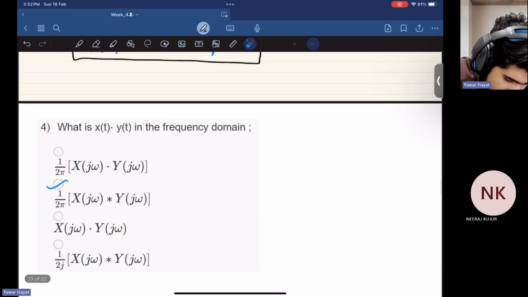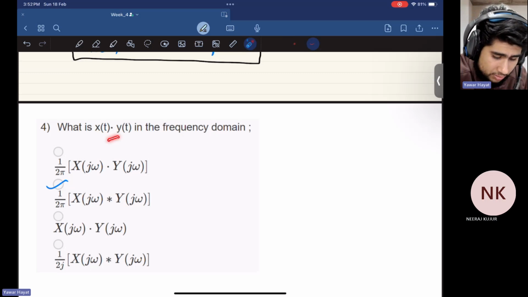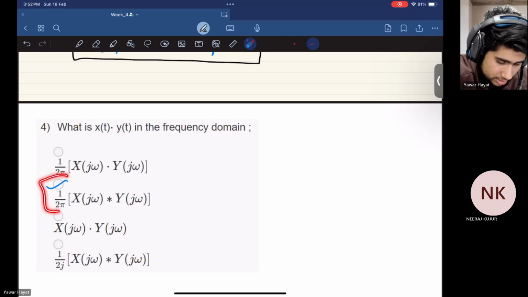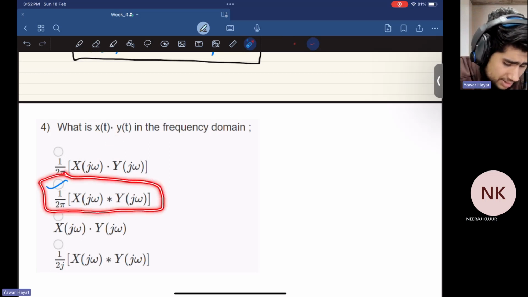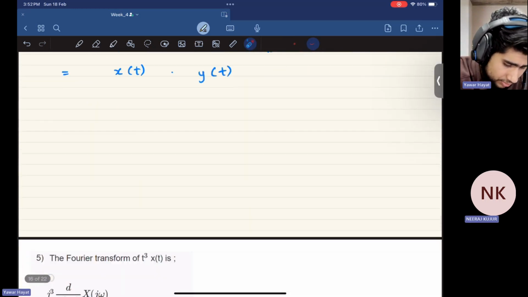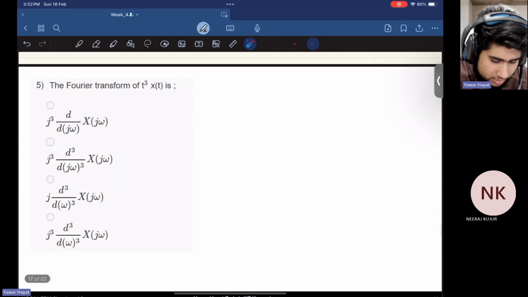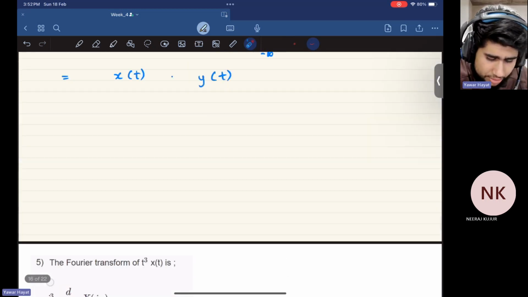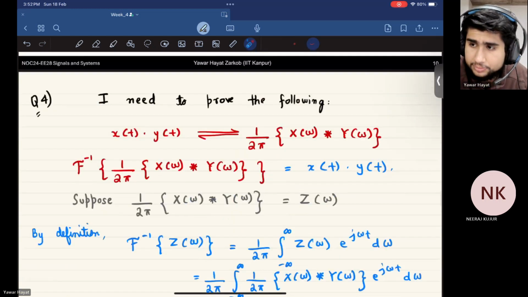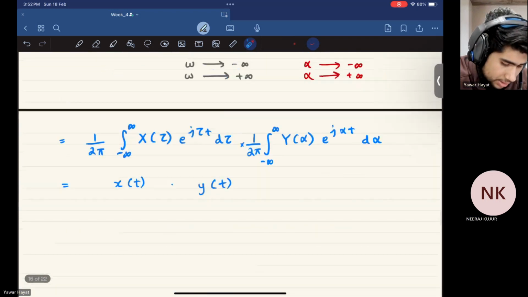And that was what I was supposed to prove in the question, right? You can either memorize this result, or if you need, this is the proof of how it comes about. Then we'll move on to the next question. Should I repeat anything? No, sir. Please go.